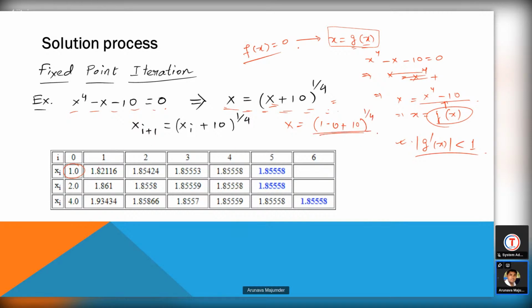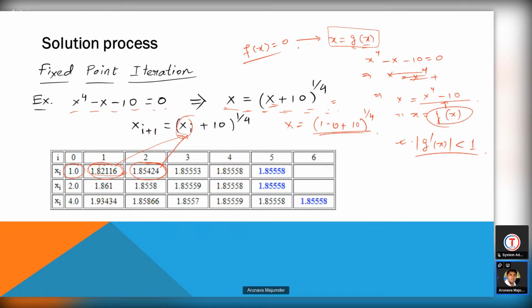After calculating this, you can get this value. This is the first iteration. Then this value we again need to put here. If I put x equal to 1.282116, again we get this value of x. This is the second iteration value.